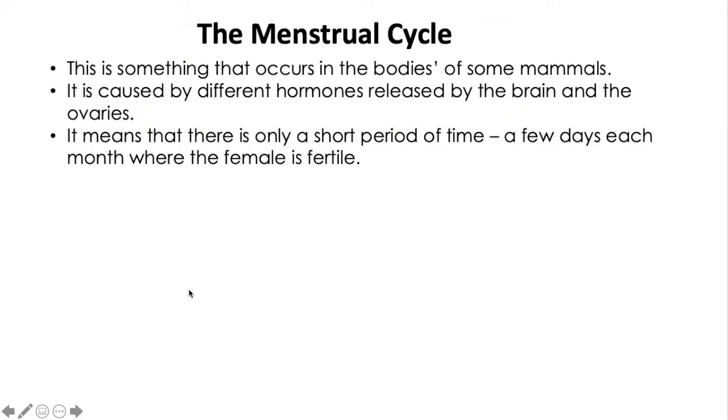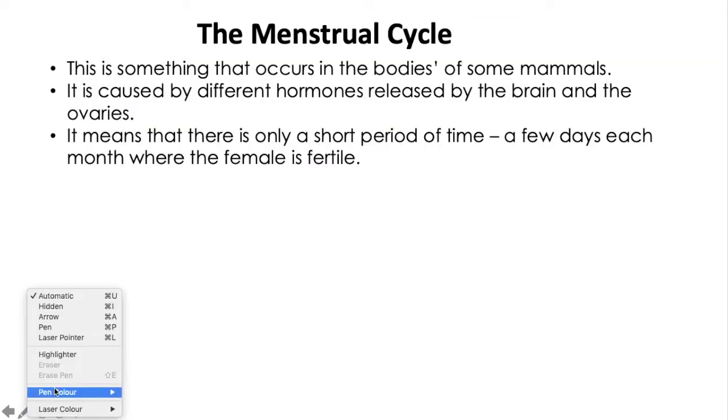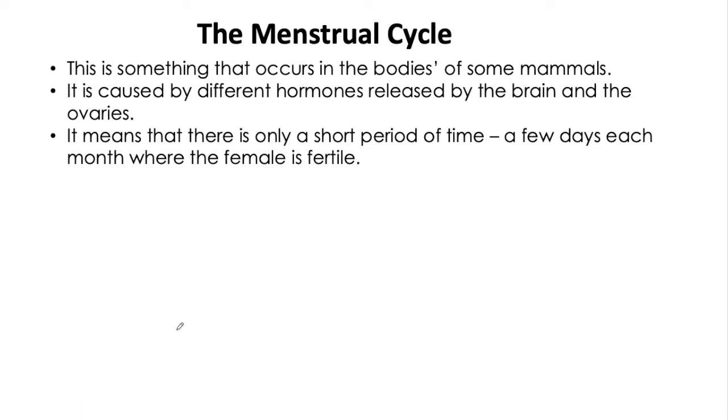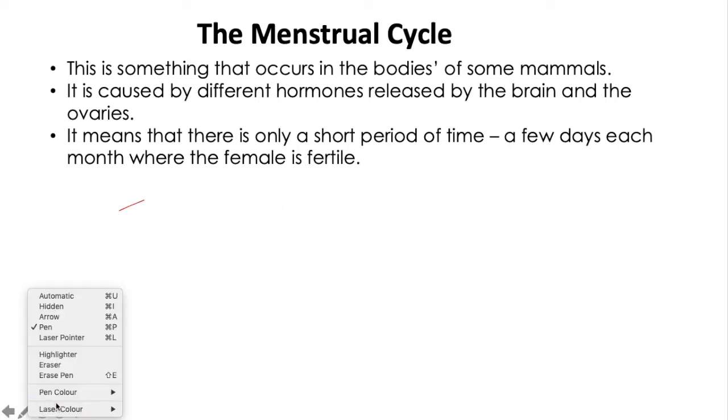So there's something that we need to tell you about called the menstrual cycle. Okay, the menstrual cycle is something that occurs in the bodies of some mammals, not all mammals, but some mammals. It is caused by the different hormones that are released by the brain and also the ovary.